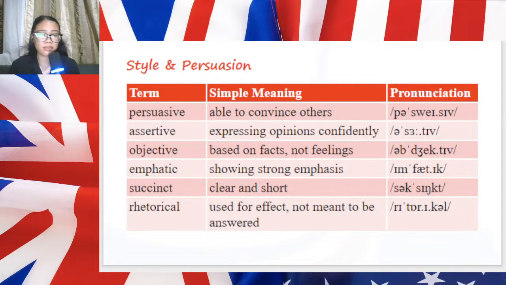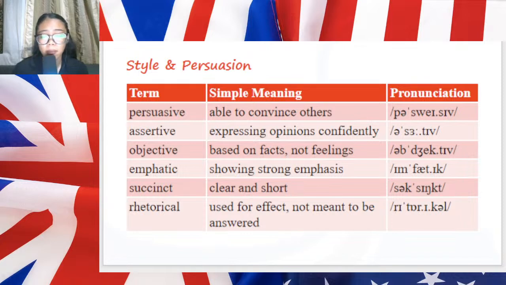Next to that is emphatic. This is showing strong emphasis, so it means expressing something in a clear and forceful way to show importance. It often highlights how certain or passionate someone is about what they are saying. When it comes to pronunciation, there are three distinct sounds here.